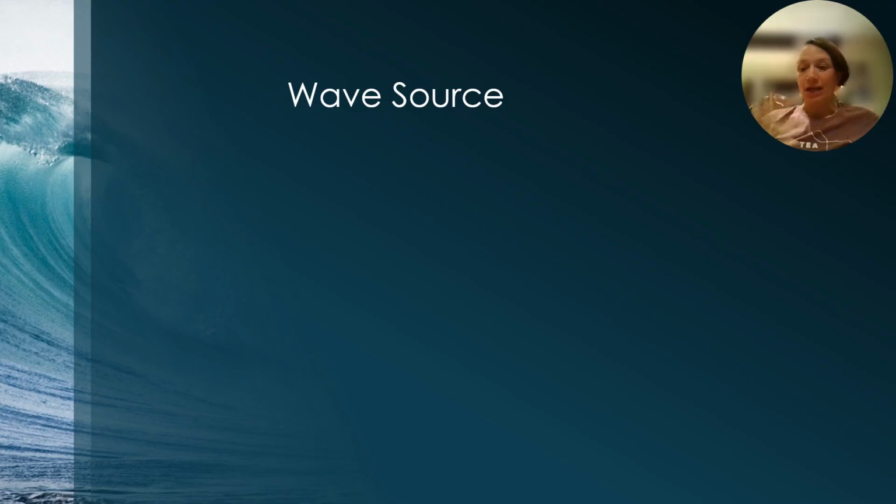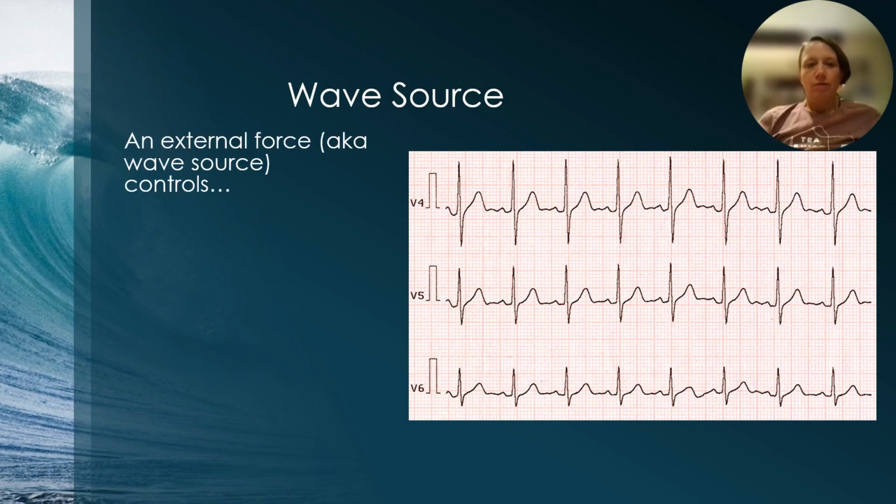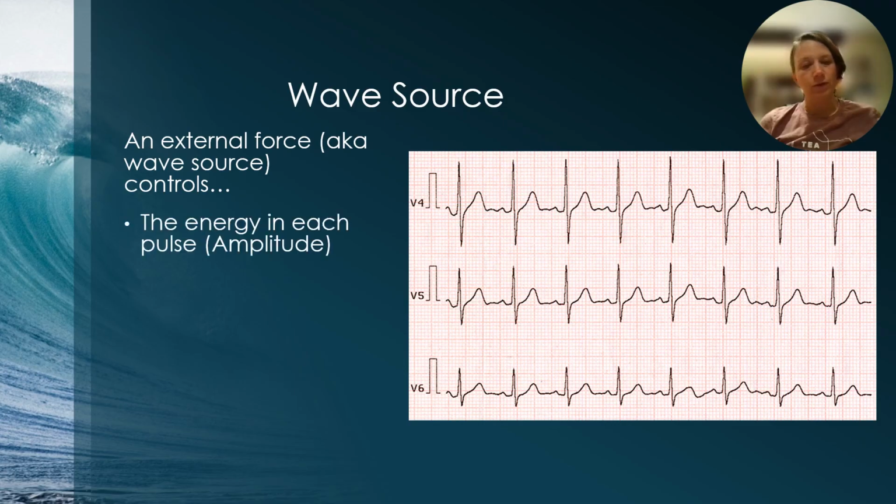So when you have a container of any kind of material and you introduce a force, the force can become a source for the wave, right? And that external force, whatever object is pushing or pulling on the medium, controls many of the features of the wave that will ultimately move through the medium.